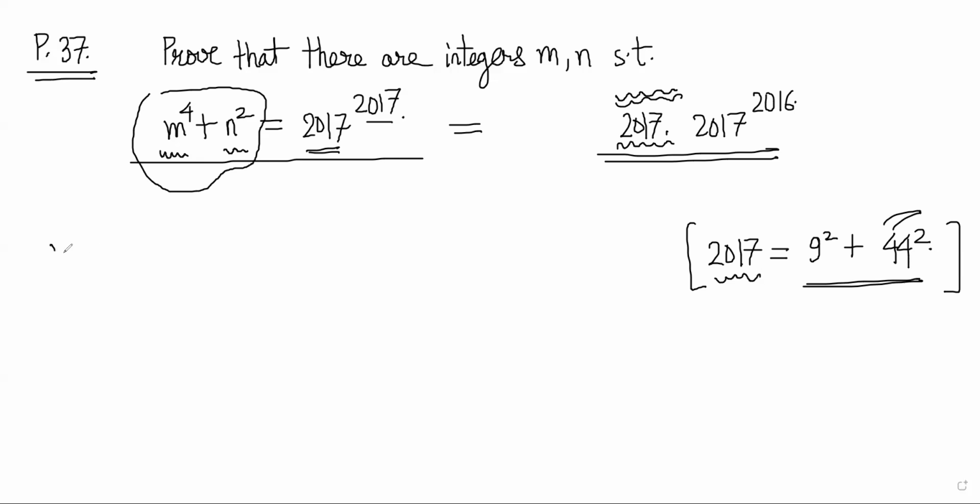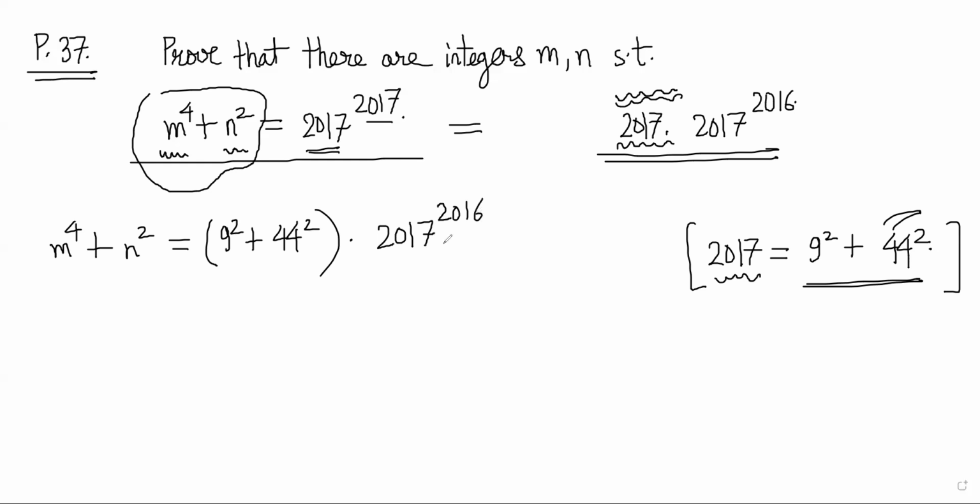So what will happen here is m power 4 plus n square is equal to, you can write 2017 as 9 square plus 44 square, and outside you can write 2017 to the power 2016, right? So the right side you can simplify like this: 9 square into 2017 to the power 2016 plus 44 square into 2017 to the power 2016, right?